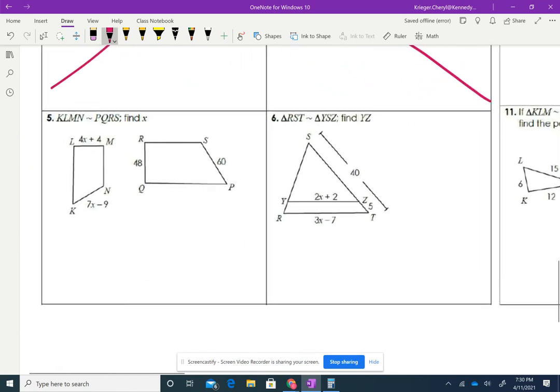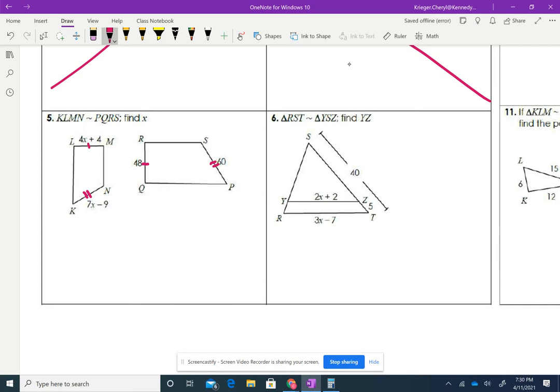Number 5. KLMN is similar to PQRS. All right, so LM, you guys notice LM is the middle 2 letters, corresponds with QR, those middle 2 letters, right? Okay, so the other parts, KN, has to correspond with SP.